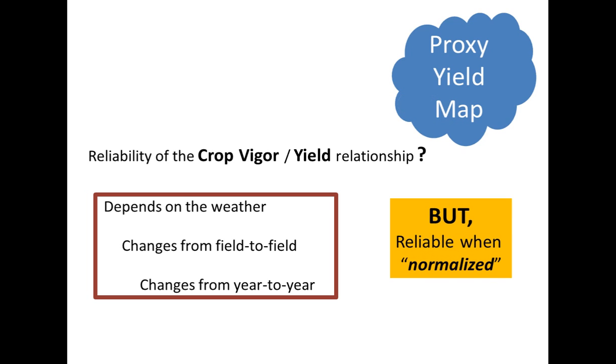And the approach that we're proposing here is to talk about normalizing the data. And what that does is it takes out the specifics of each individual field, and it lets us compare now across years, across hybrids, and start to get a bigger picture of what's going on.